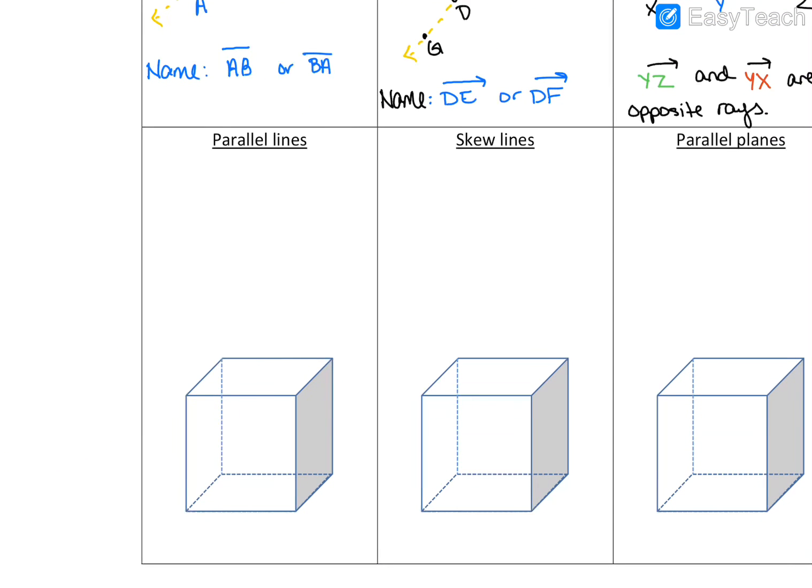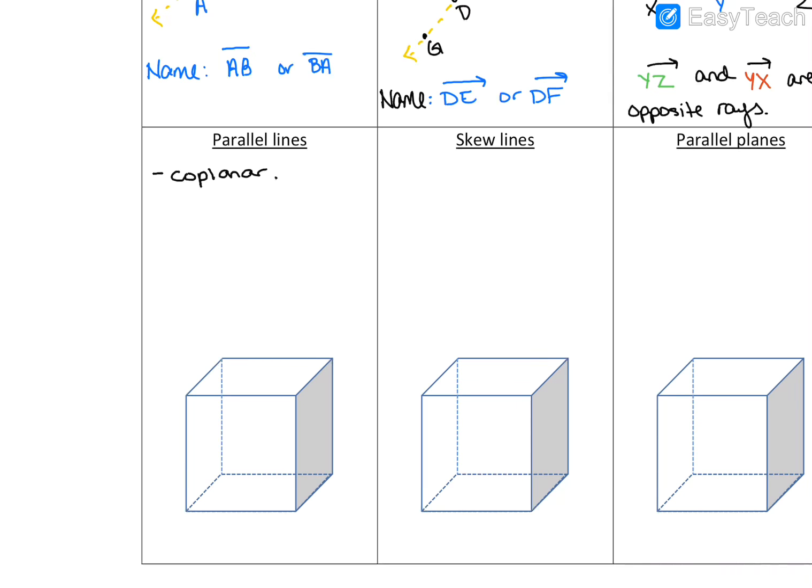All right, parallel lines. Parallel lines, you guys have probably heard about these before. The biggest thing, and the part of the definition that you probably have never talked about, is the fact that parallel lines have to be coplanar.